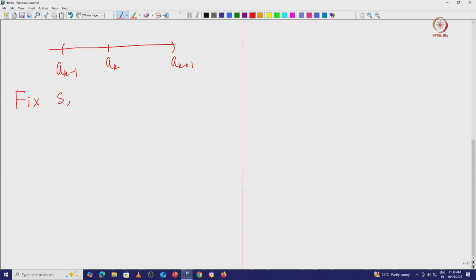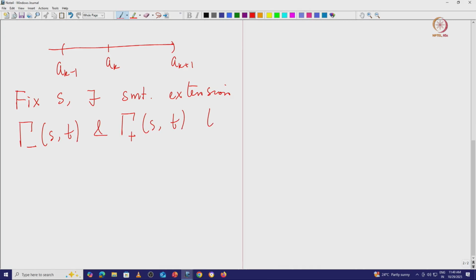By definition of smoothness there exists a smooth extension, let us call them gamma minus and gamma plus, to the left of this interval and to the right of this interval, right.